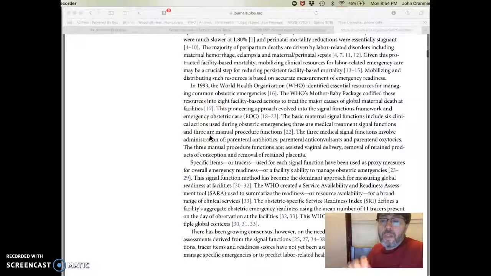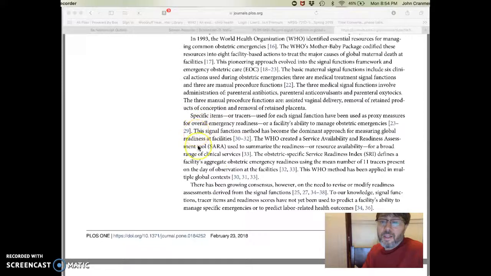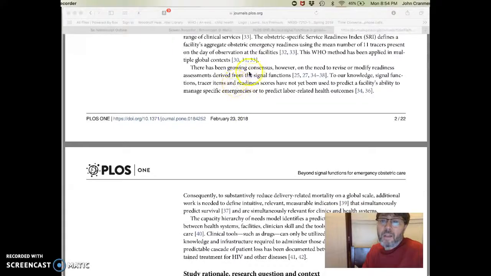Then you move into information about this package of signal functions that have been used to measure clinical ability to respond to emergencies. There's a section then that talks about the tracers or the drugs that are a part of the signal functions. And then there's a statement here about the gap.